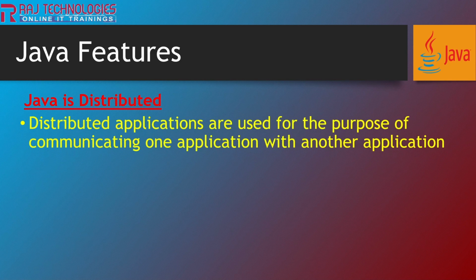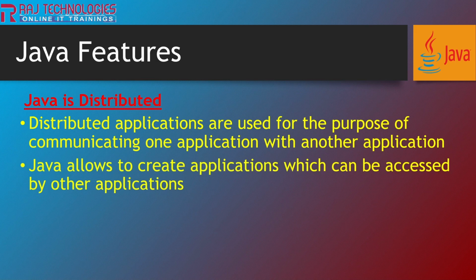For example, if you take Amazon, after adding the products in Amazon, we want to do the payment process. The payment process is a different application. So Amazon and the payment process are going to communicate. This type of application we call distributed applications.